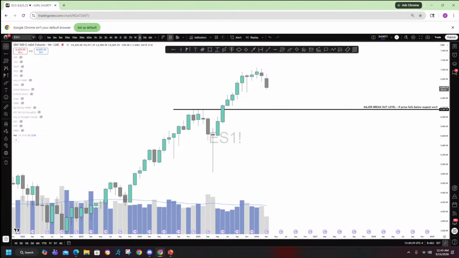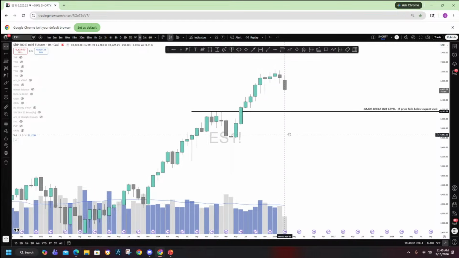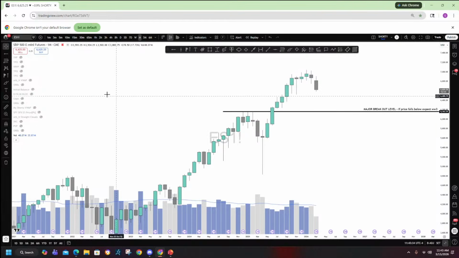If we lose this, I would say the odds that we're going to hear a black swan event are high. I don't know if it's World War III or something bigger than that, but you can definitely expect this to happen here. This is a major breakout level. This is something that's going to impact the whole market if we fail here.